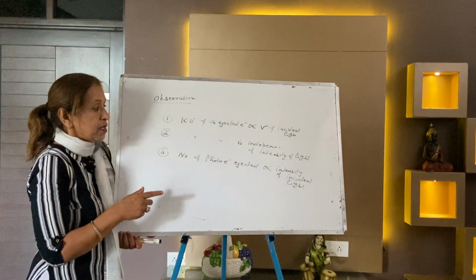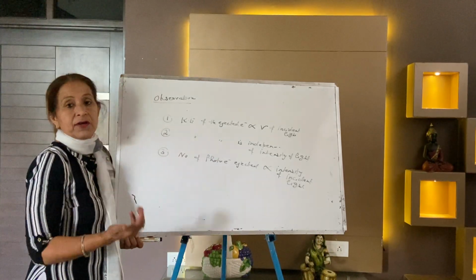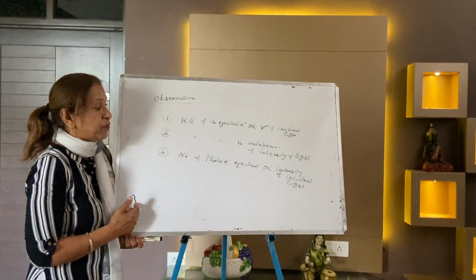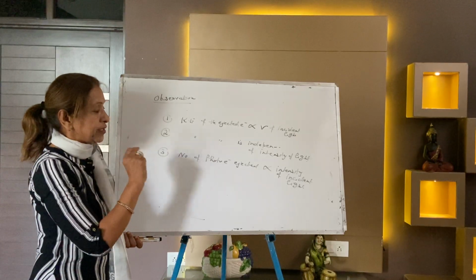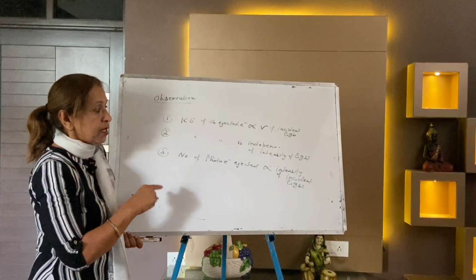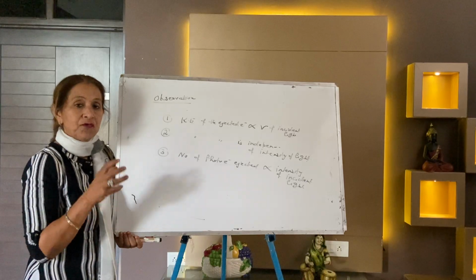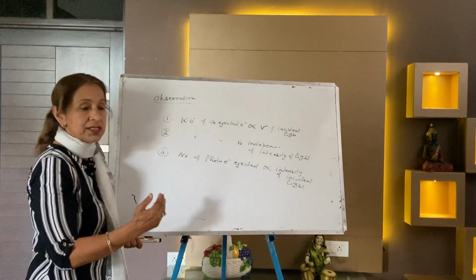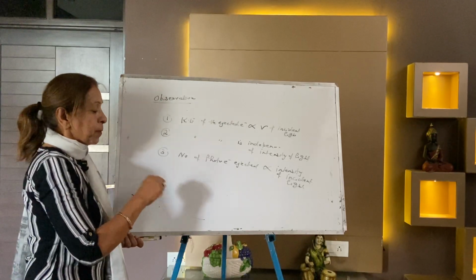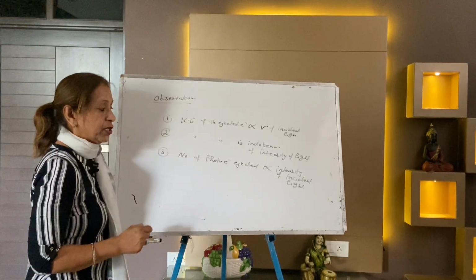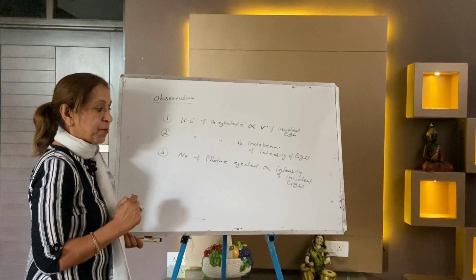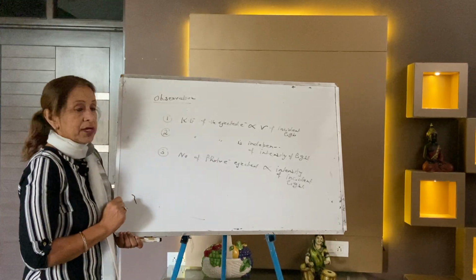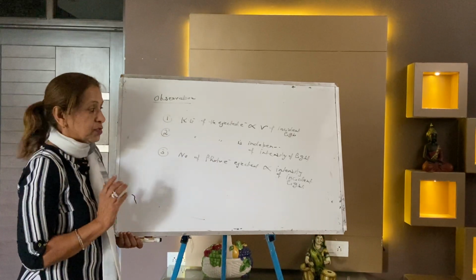During the photoelectric effect, scientists observed three things. The ejected electron energy is directly proportional to frequency of the light, but it is independent upon the intensity of the incident light. But the number of the photoelectrons ejected is directly proportional to the intensity. So these are the three observations, right?